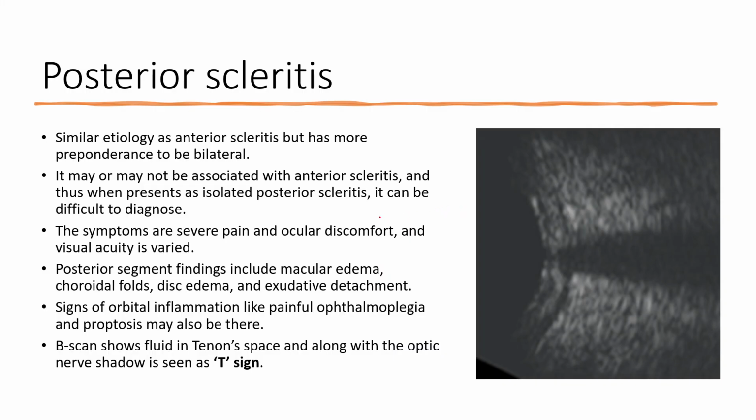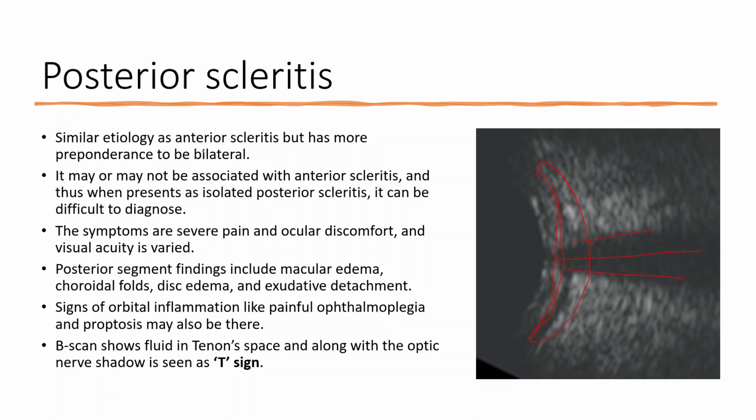So this is how a B scan of a posterior scleritis looks. So here is the stem of the T and this is the base. So this is due to the edema around the subtenon space, and this is the optic nerve head shadow.